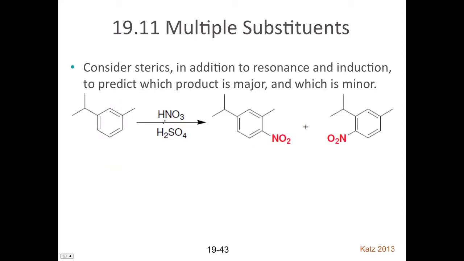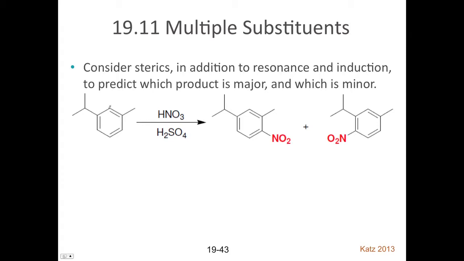All right. Consider sterics in addition to resonance and induction to predict which product is major and which one is minor. Okay? So you have this isopropyl methyl benzene right here, and you want to do nitration. So it's either going to go there or going to go there. Let's look at the reactivity here. This is an ortho-para director. This is also an ortho-para director.